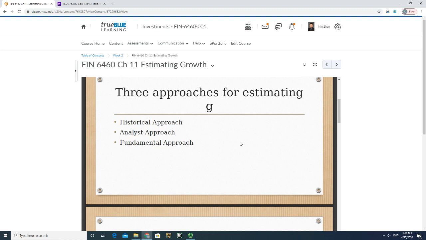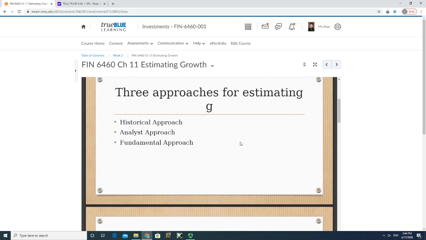Growth cannot come from thin air, and growth can only come from one thing. That is reinvestment. Company has to invest to generate its future growth, and the growth cannot be generated automatically.